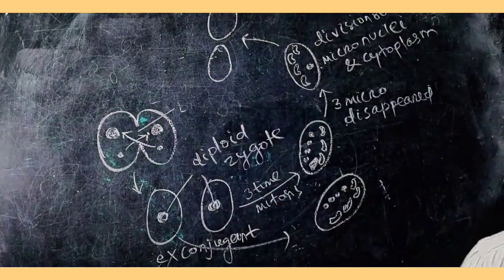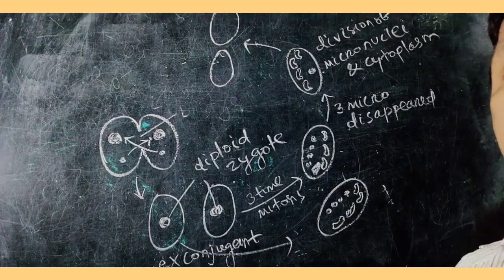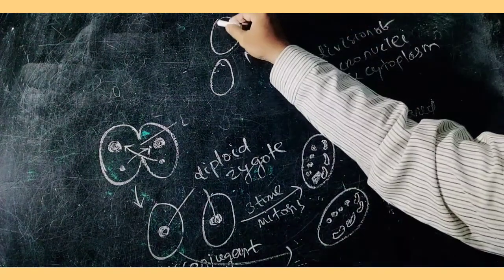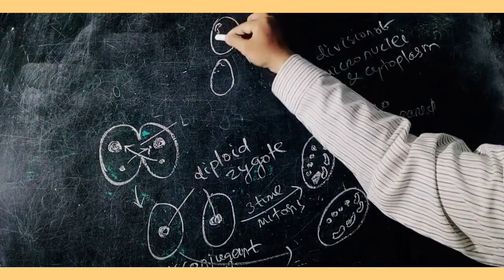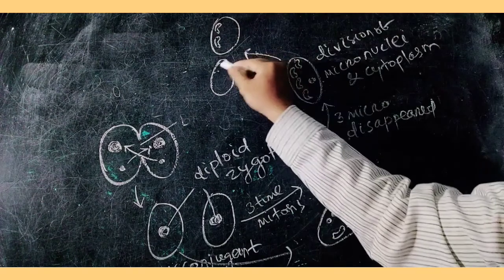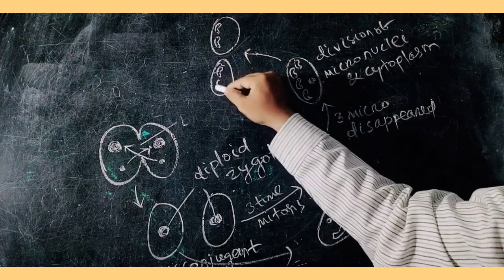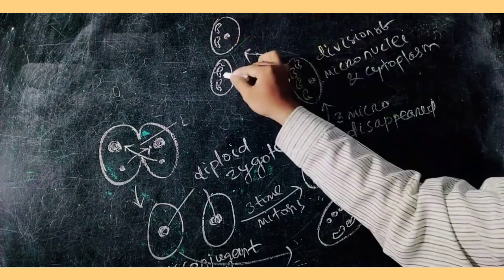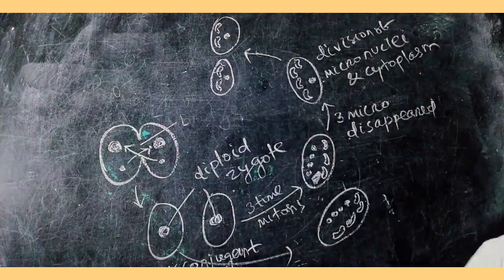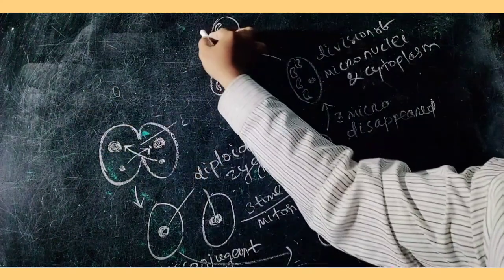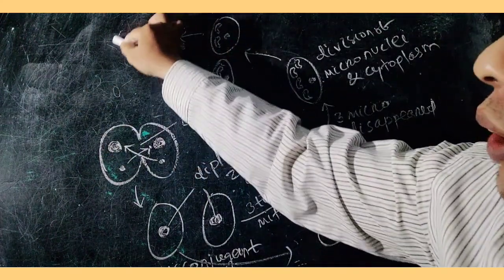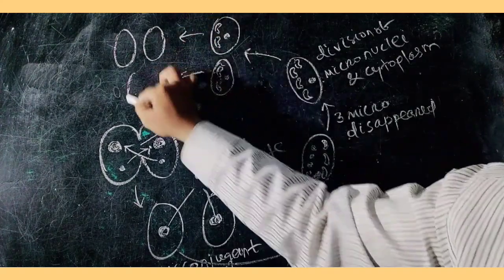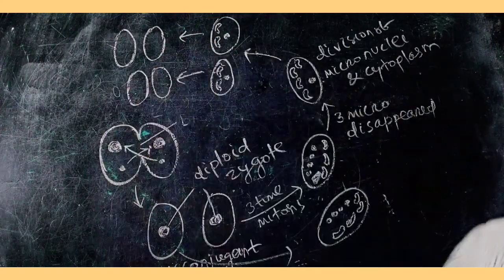What happened due to division of the cytoplasm? Two Paramecium first appear. Out of the two Paramecium, the macronuclei are distributed equally, two in one and another two in the other. The micronucleus divides, one micro here, another micro here. The process again continues. It also produces two from it, and the other also produces another two from it.